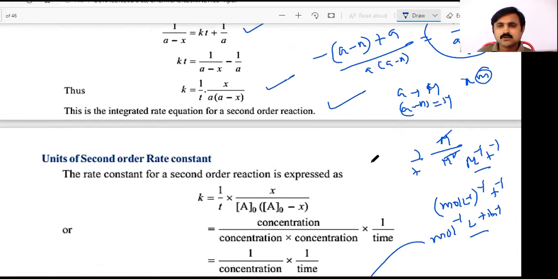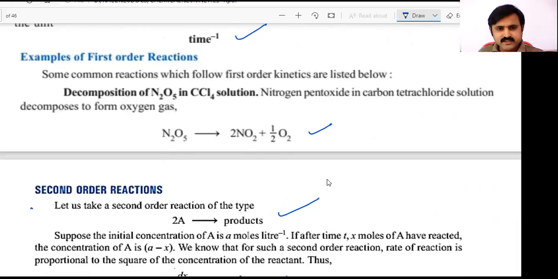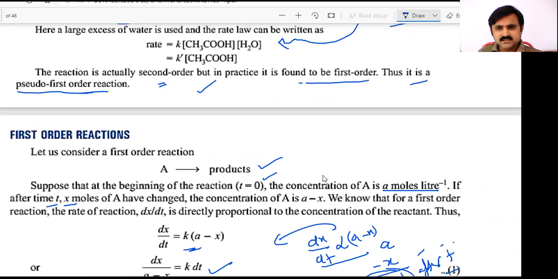Okay. So friends, today we have discussed all these points in this session.